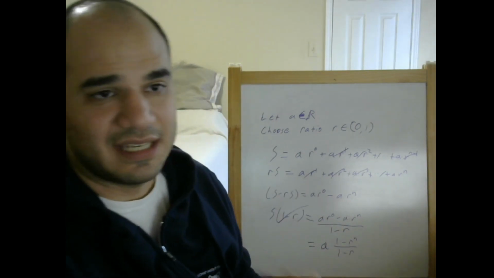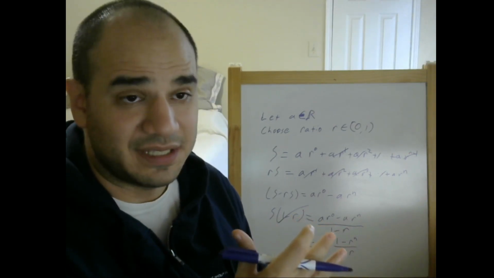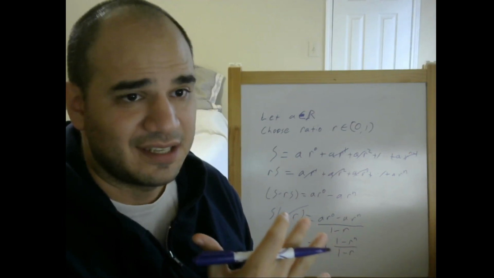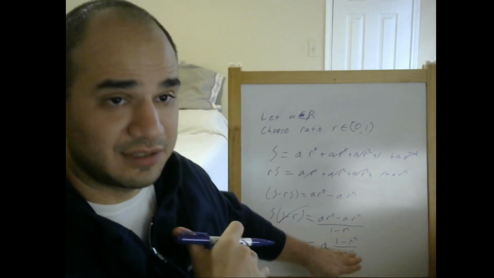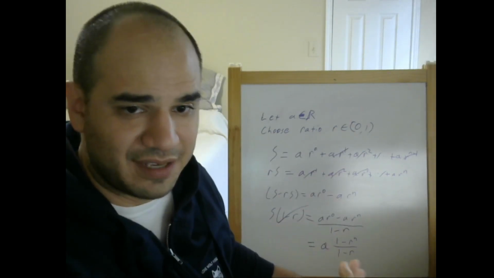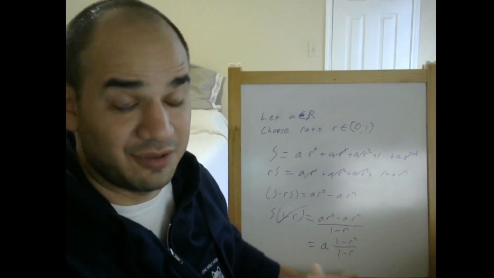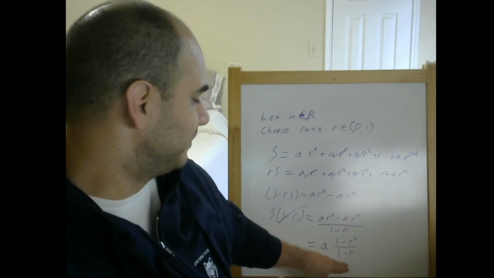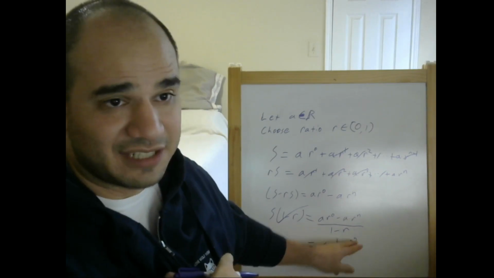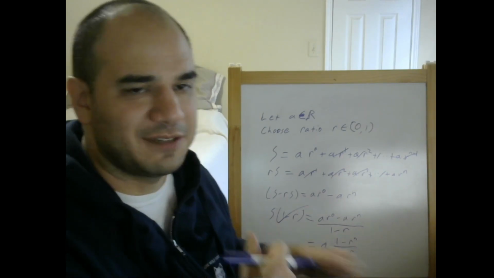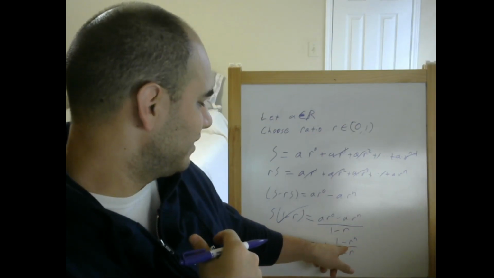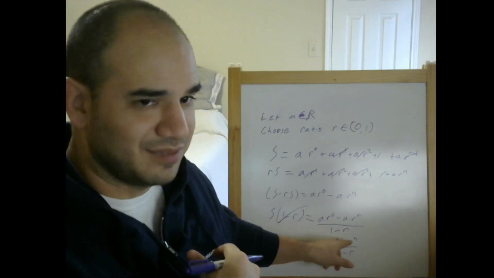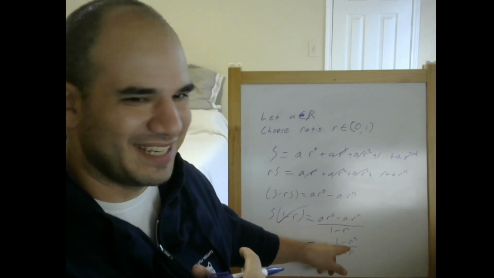So in the case that n goes off to infinity, that we have an infinite series, then now we actually need to enforce this. So this works for any value n and any value r other than r equals 1. In that case, you can actually just plug in the numbers and you get something. But if you have an infinite summation, you're going to run into trouble if you try to apply this.